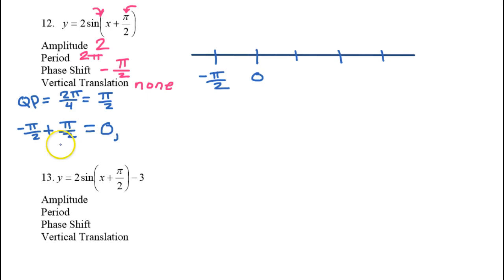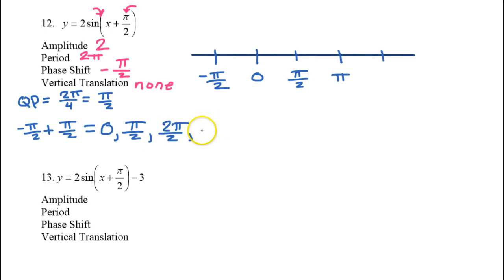But then I need to just keep doing that 3 more times. So if I add another pi over 2, 0 plus pi over 2 is pi over 2. So I have pi over 2. If I add another pi over 2, that would be 2 pi over 2, but that reduces down to simply pi.